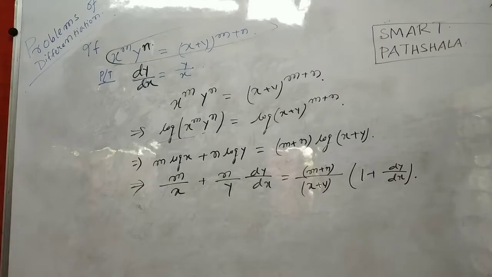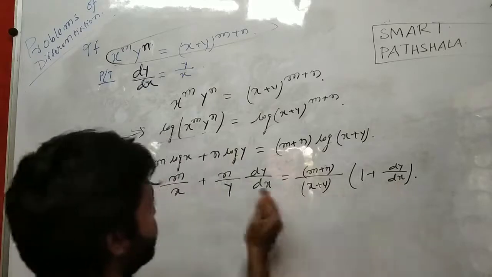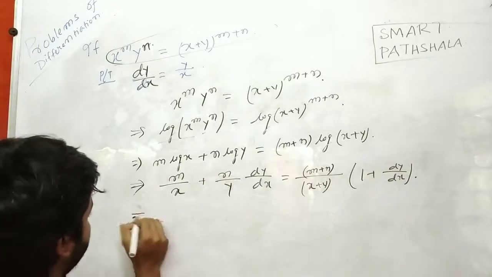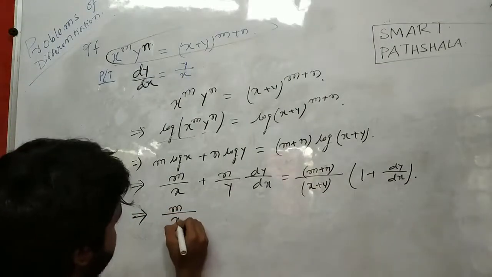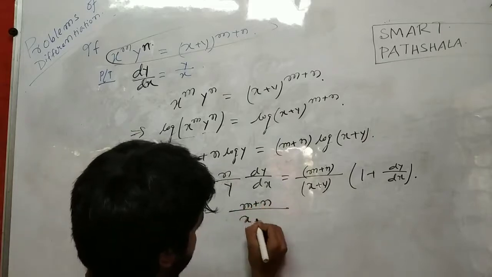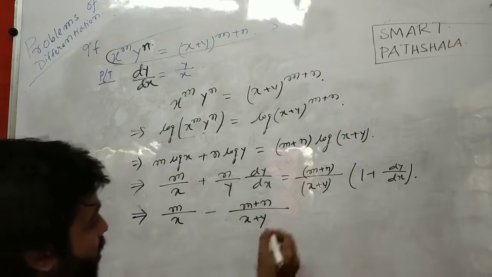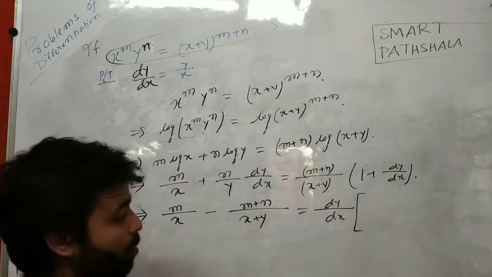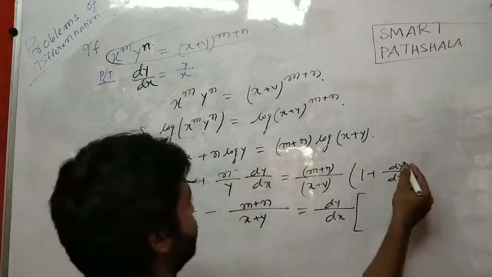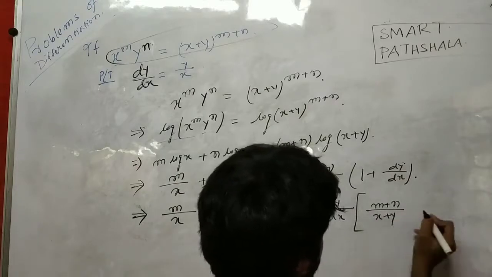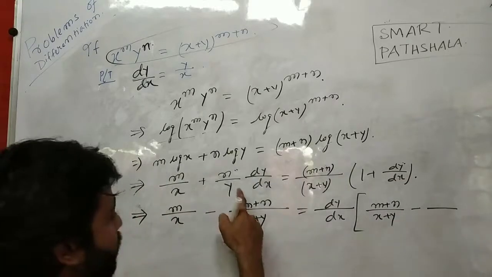So what you need to do in this situation is just separate this dy/dx term. Now let's do that. You will have m by x over here, and then (m plus n) by (x plus y), and when you take dy/dx as a common term from this one and this one, you will have (m plus n) by (x plus y) minus n by y.